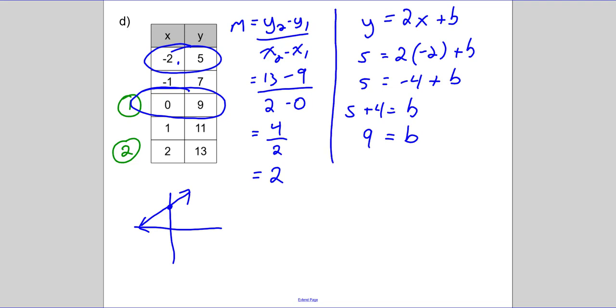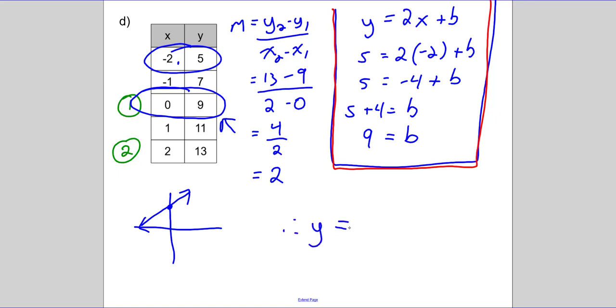So I actually didn't need to do this little bit of work. If I was smart about it and I looked at my table, I could have just seen that my b value is 9. If this point wasn't included, then we would have to do this extra little bit of work over here in order to solve for what the b value is. Either way, you're going to get the same answer, b equals 9. So again, let's answer the question. Therefore, y equals 2x plus 9.